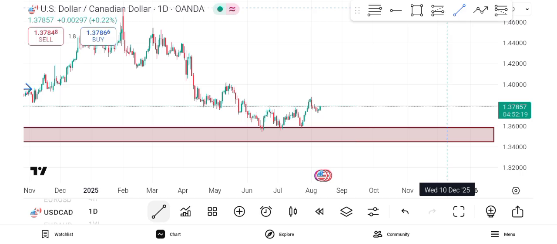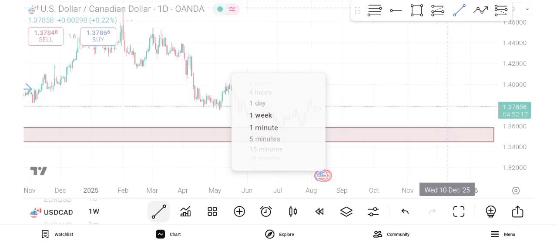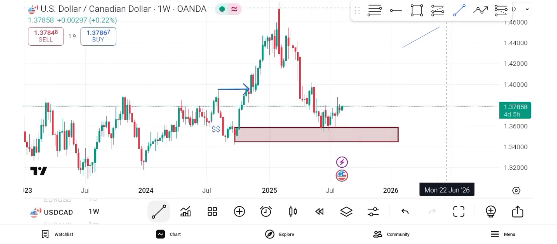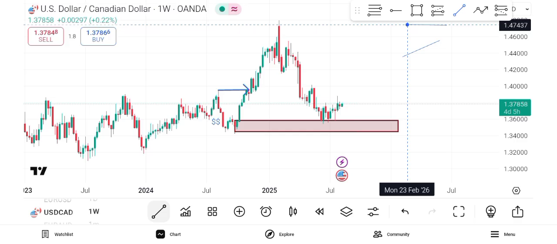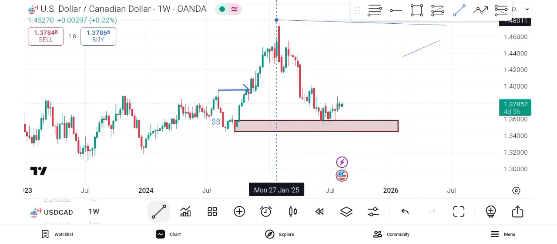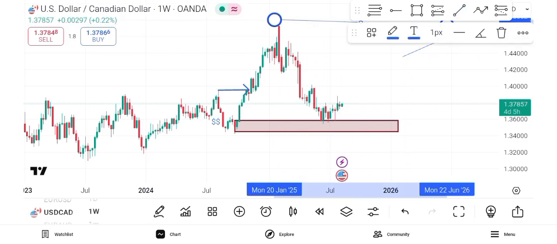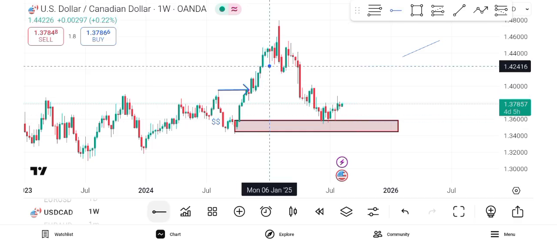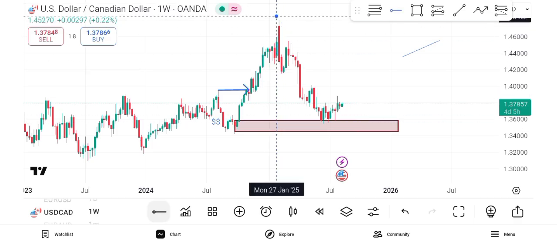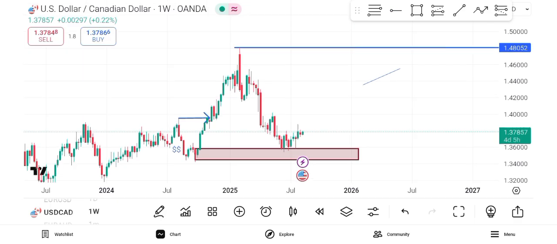Let me show you guys. This is what is going to happen. You see, this is the target of the market right now, this side, that's the target of the market for the weekly time frame.